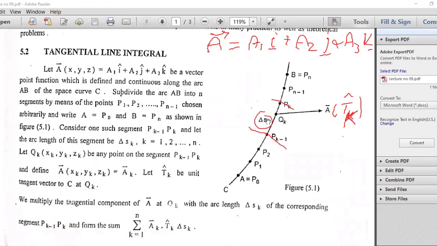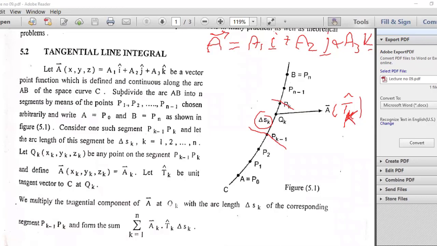Three things we multiply to obtain the integral: first the vector, then its unit tangent vector, and then the arc length delta Sk, and then sum from k equal to 1 to n.